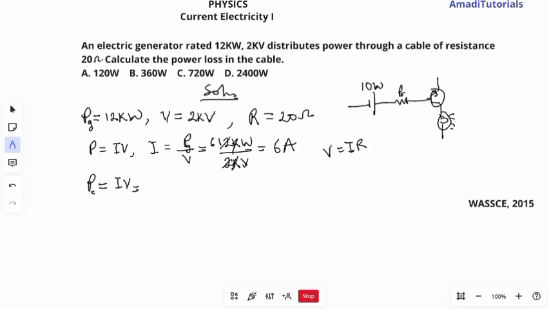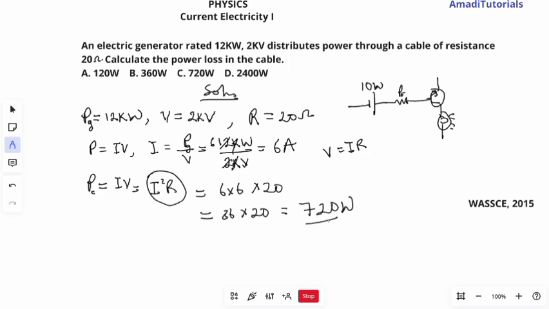So if you substitute IR in place of V, you have I squared R. So this is the formula we are going to use to evaluate the power dissipation in the cable. Now, having found the current, I squared will be 6 times 6 times 20. 6 times 6 is 36, times 20. 36 times 2 is 72. So that will be 720 watts.